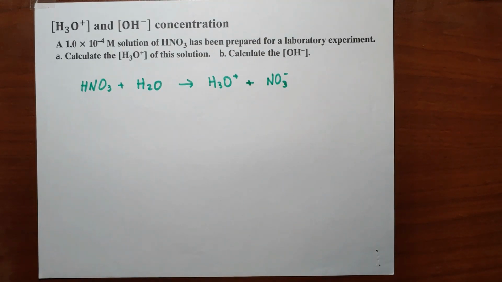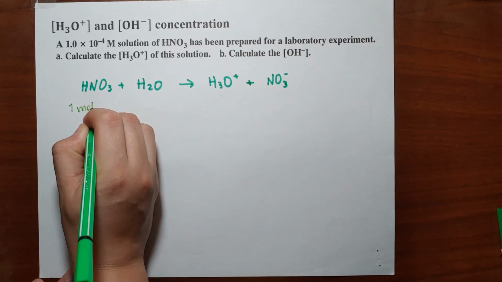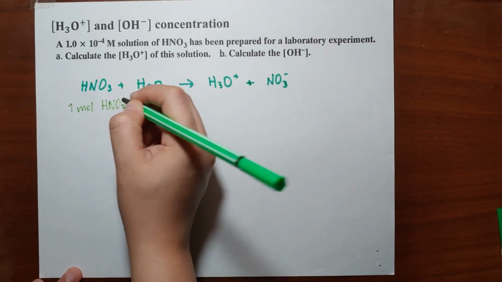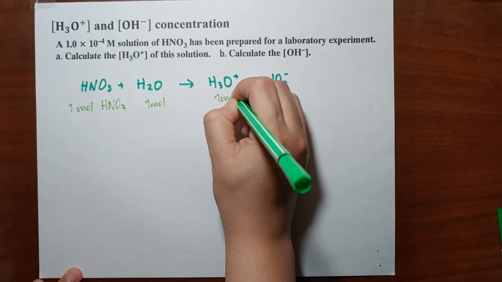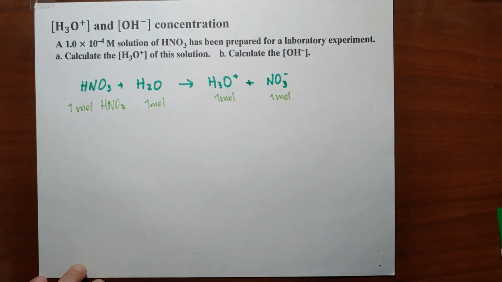Now, after this, we write the number of moles. Okay, 1 mole of nitric acid, we have 1 mole of water, we have 1 mole of hydronium ion, and we have 1 mole of nitrate.